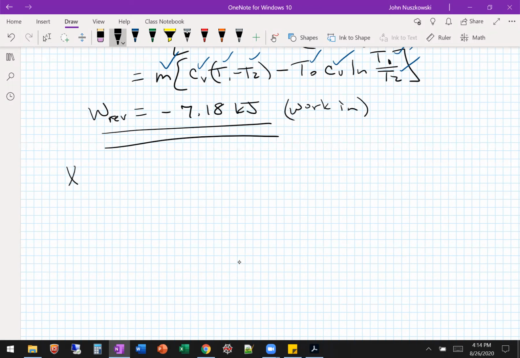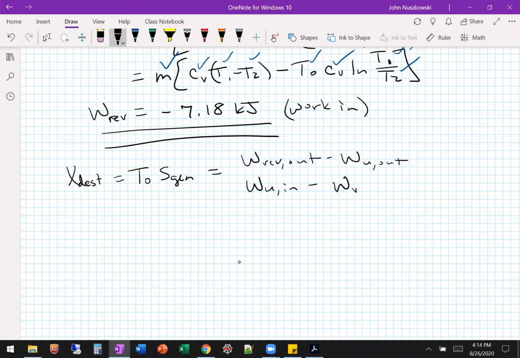If we set up that same setup of X destroyed is T0 S gen, which is work reversible out minus work useful out, or work useful in minus work reversible in, right?